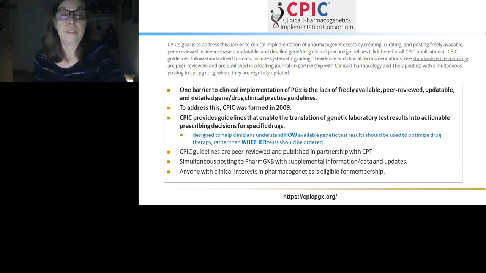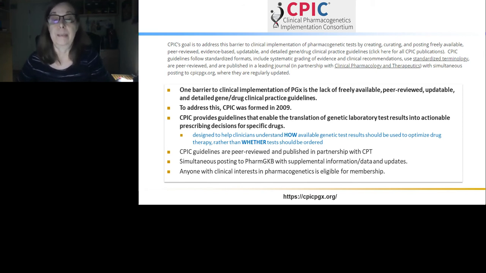And to really address this barrier, the CPIC was formed to provide guidelines that enable the translation of genetic laboratory tests into actionable prescribing decisions. And so it is important to understand that the CPIC does not recommend whether testing should be done, but it is designed to help clinicians understand how an available genetic test result can be used to optimize a drug therapy.